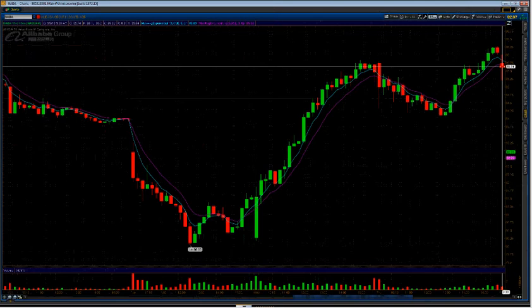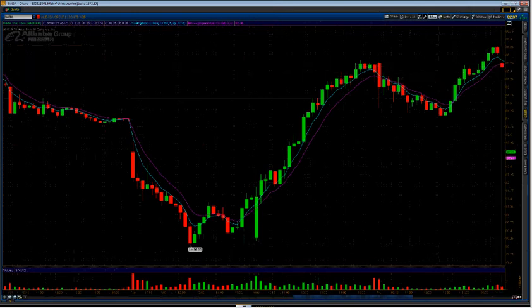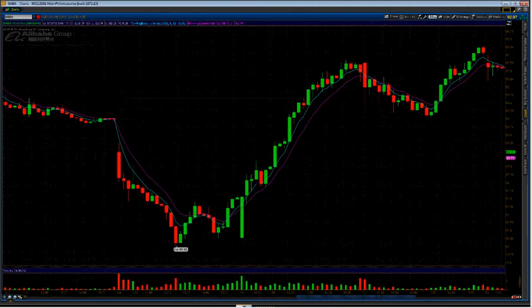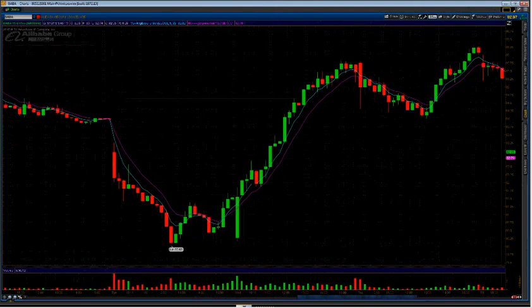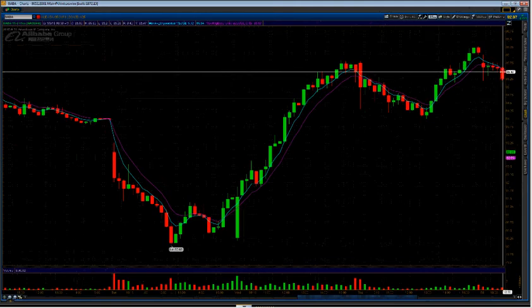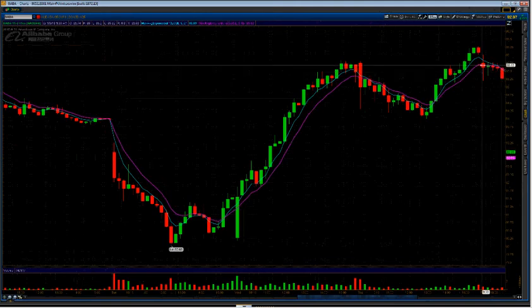What would we do with calls if the 9 is pointed down? You'd sell it. But it didn't tell you to buy puts till right here. This is where the 5 crossed below the 9. Luckily, it told you to sell 40 cents higher.